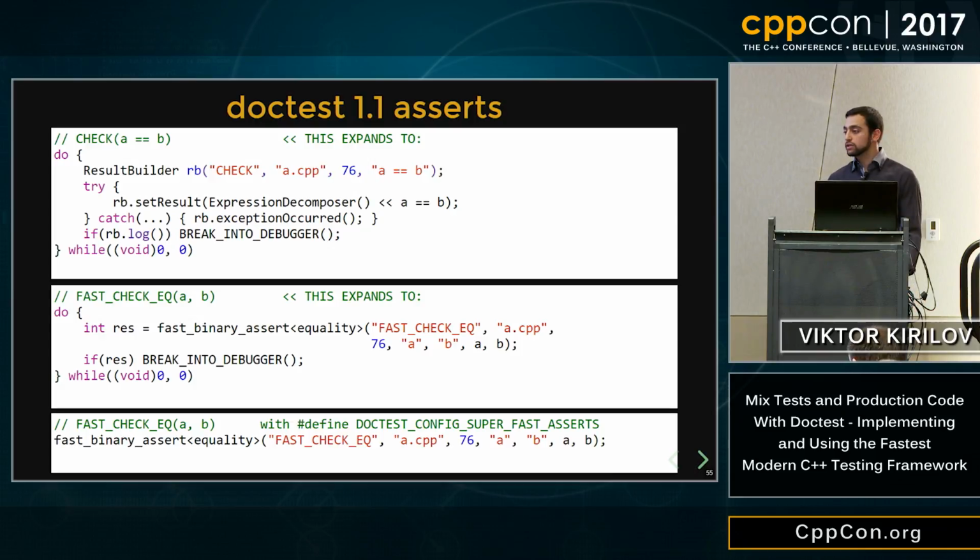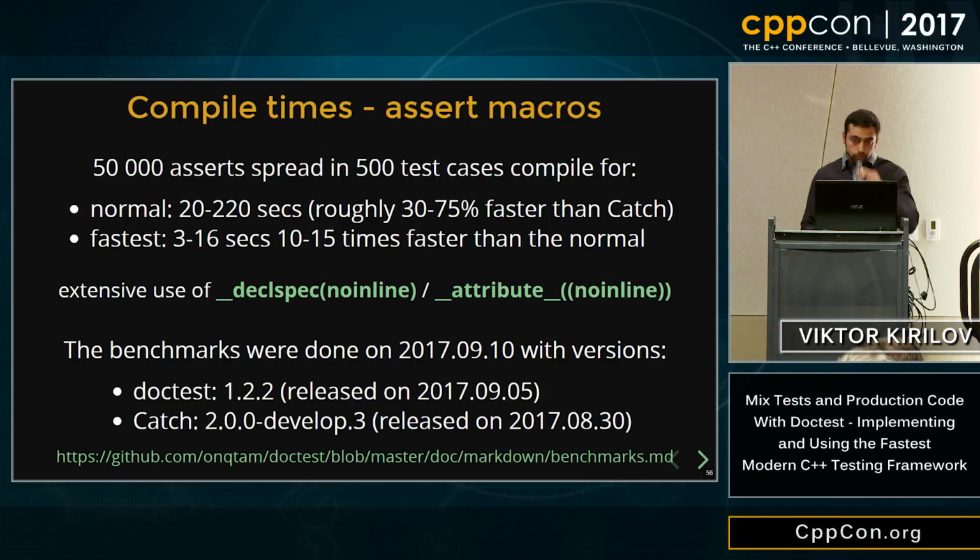And the only downside is that when the assert fails, we don't break into the debugger at this exact point in the source code, but one level deeper in the call stack, which means in the fast binary assert function. And we just have to go one level up in the call stack to see where we actually are in the source code. And in my opinion, that's a pretty good price to pay for the compile times you get if an assert expands to a single function call.